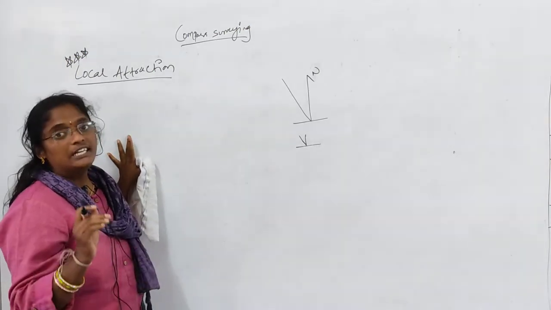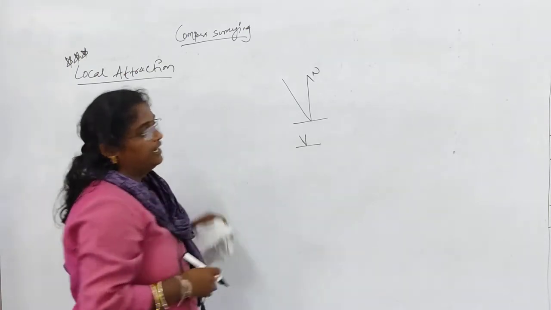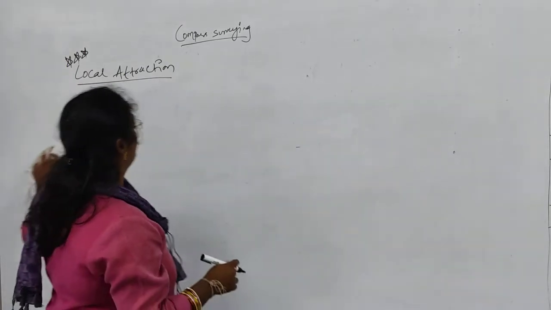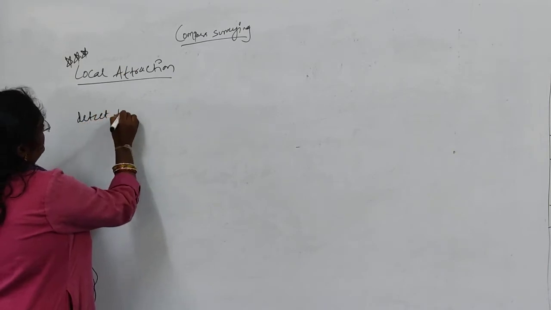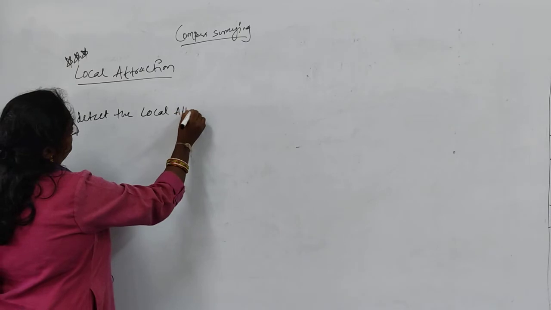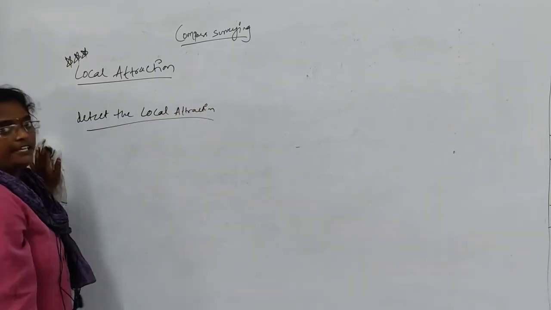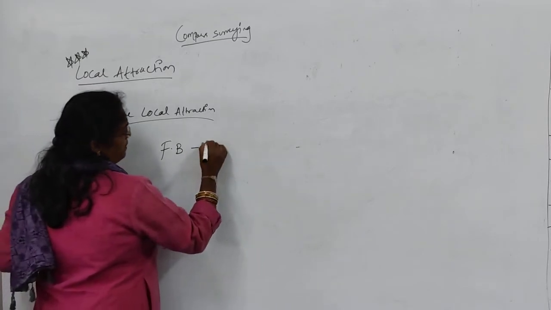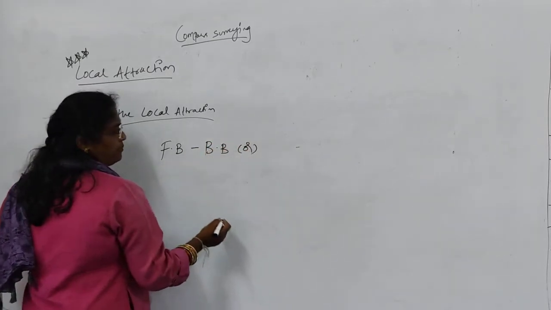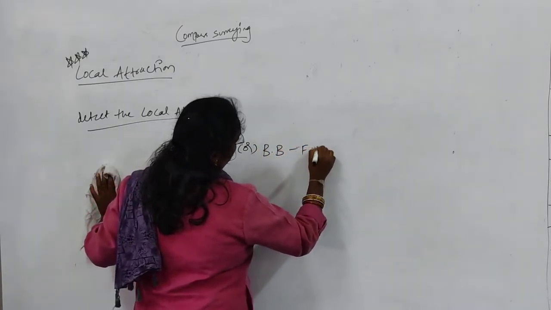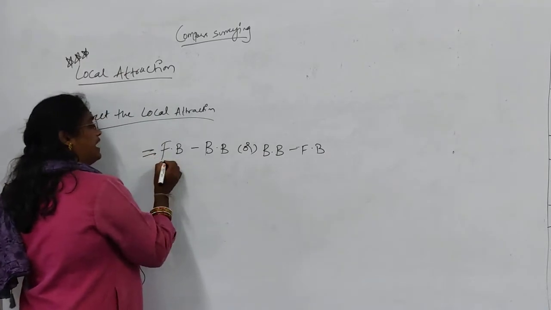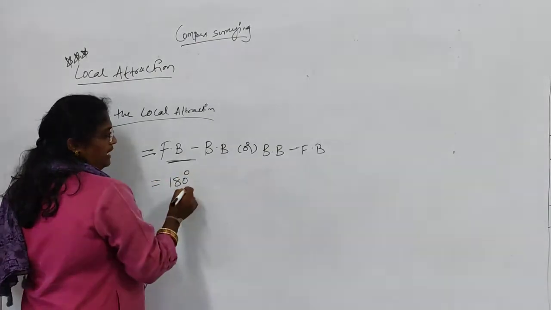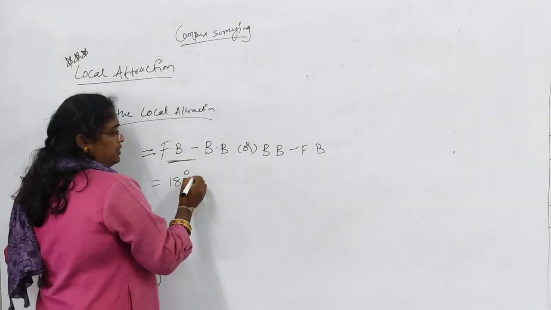So how to detect the local attraction? Whenever you calculate the fore bearing minus back bearing, or back bearing minus fore bearing, at a particular station, it should be exactly equal to 180 degrees.